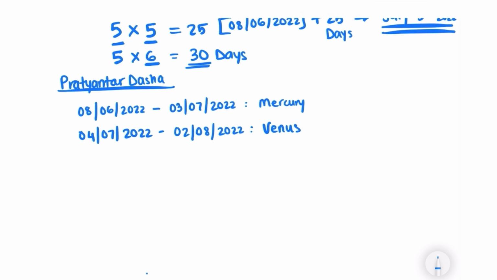All right, then after 6 is 7, right? So 5 times 7 is 35, so you add 35 days to this, because 5 times 7 is 35, right? And 7 is for Ketu. So let's see. If we add 35 days, what do we get? So from August 3rd till September 6th, this person will have Ketu Dasha.